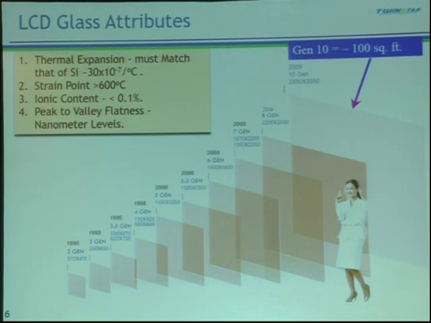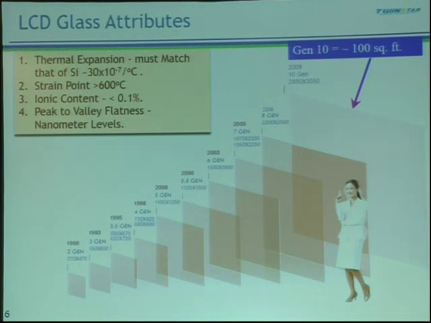And the strain point should be high because the working temperatures during processing are pretty high. So the strain point must be more than 600 degrees Celsius. Ionic content must be less than 0.1%. This is the key, because any ionic contamination will ruin the TFT performance.